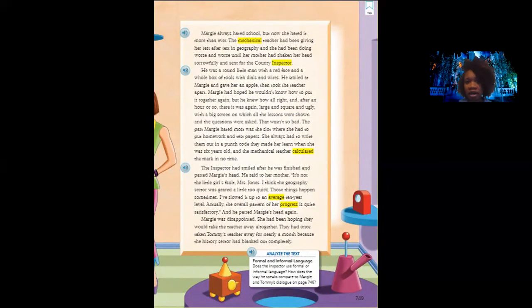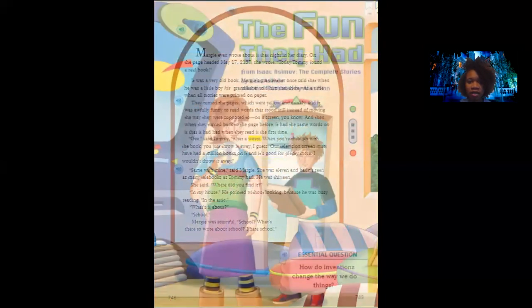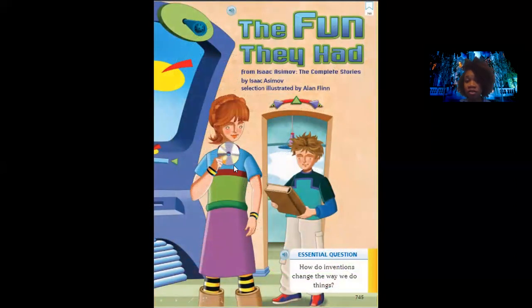So I want to go back to the other page, because now we know that unlike Miss Calhoun, who's in front of you right now and teaching you virtually, this machine is her teacher. And that disc that she had, we'll go back, in her hand on this page is actually her work.